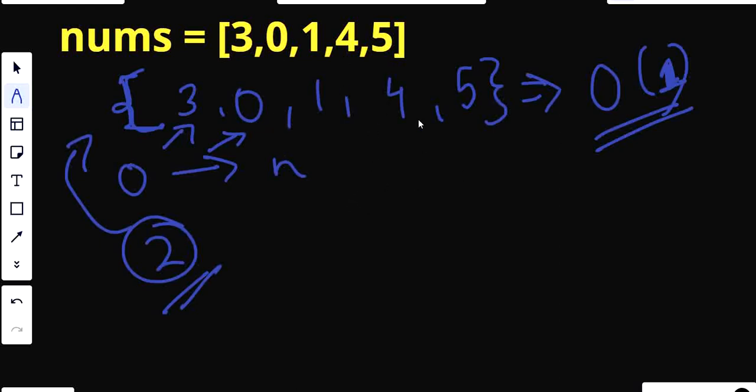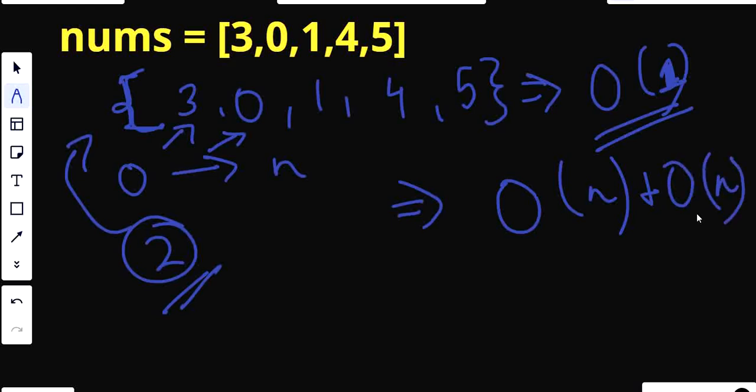So what will be the time complexity of this approach? Firstly we will be transforming our nums into a set, so it will take big O of n time. Then again we are looping from 0 to n in order to find the one which is missing, so it will again take big O of n.